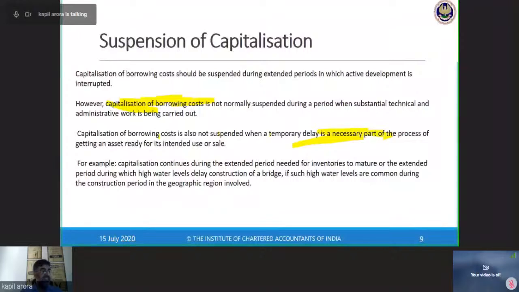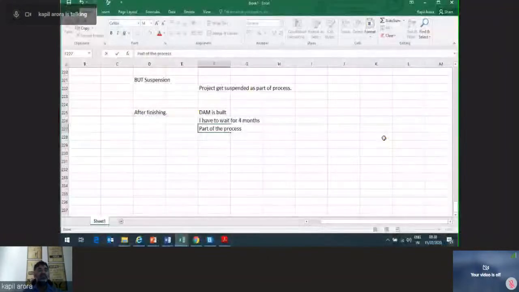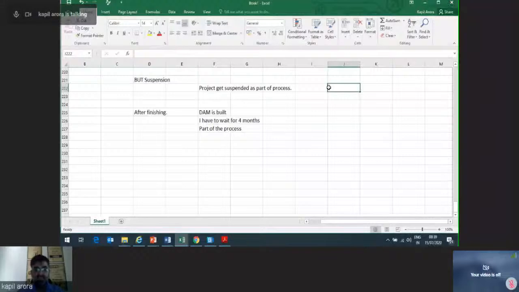It is necessary, required, and we are going to keep it on hold for some time because that is required. I cannot do anything. When I cannot do anything because that is the part of the process, suspension, or I would say capitalization, will not suspend.